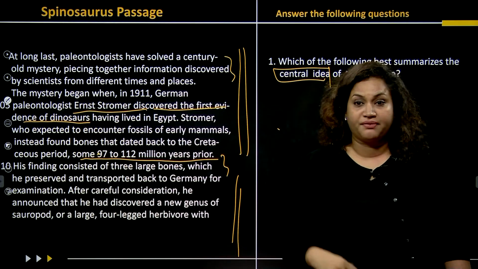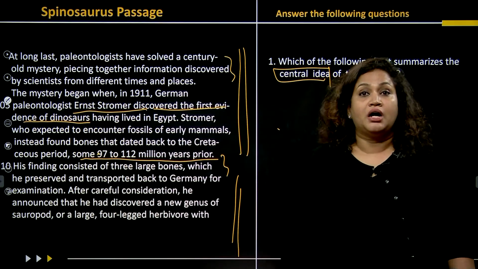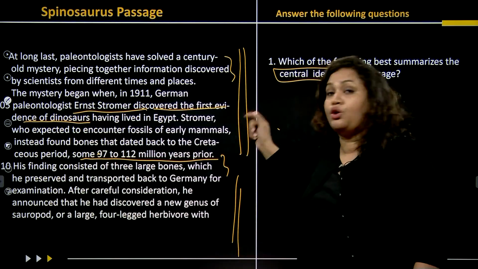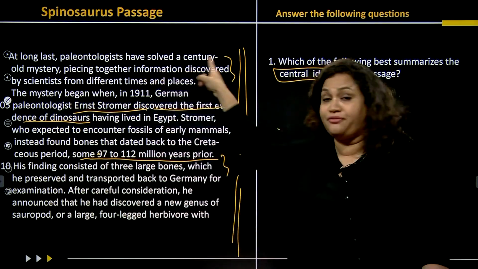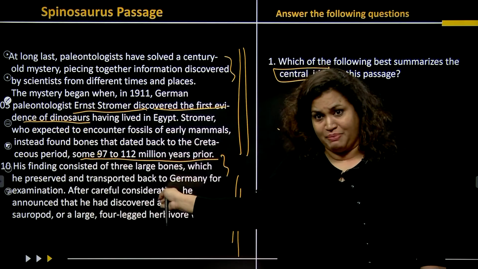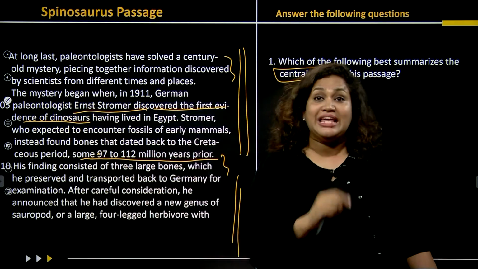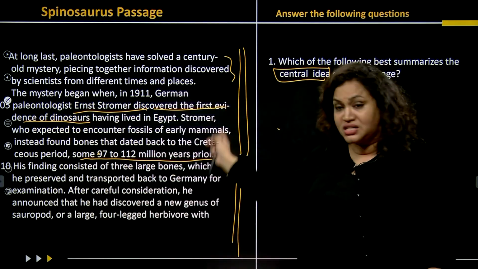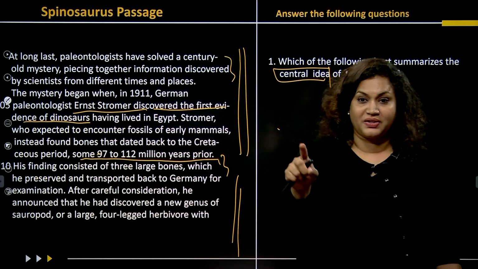We discussed this before, but I would like to reiterate it so that you don't forget it. You cannot have an answer, even if it is the most obvious thing, if it is not given here.